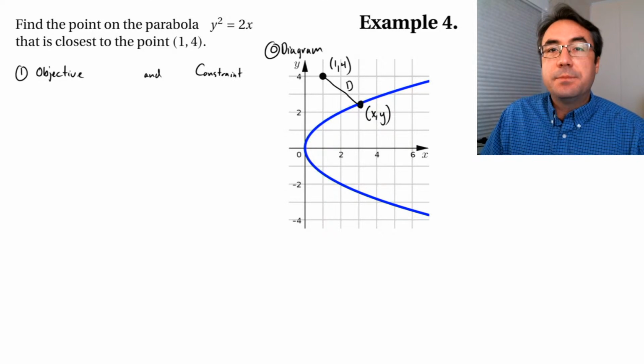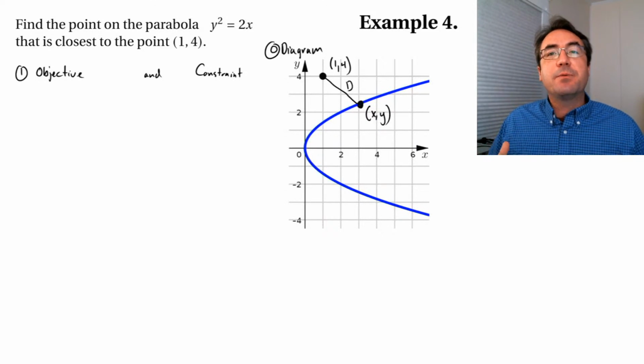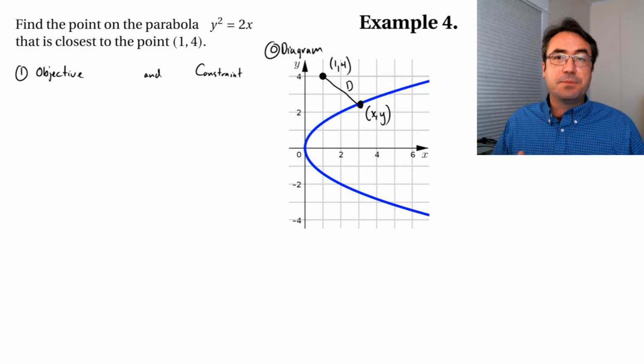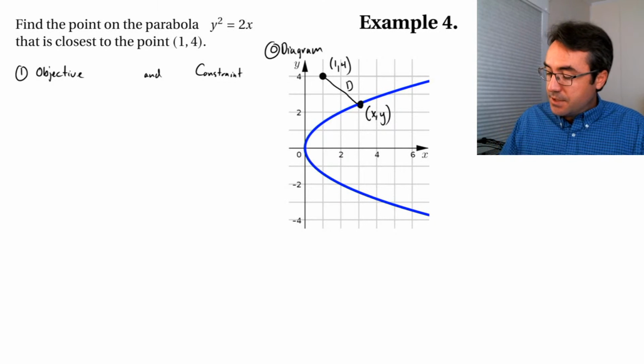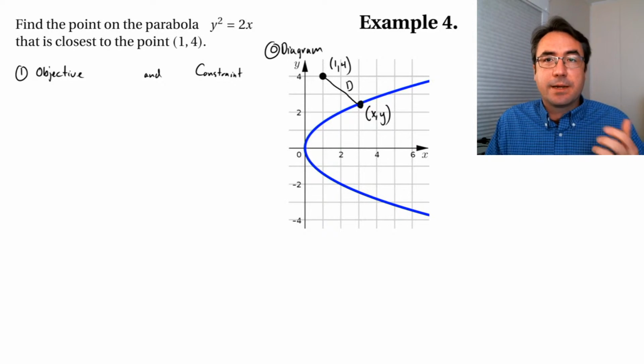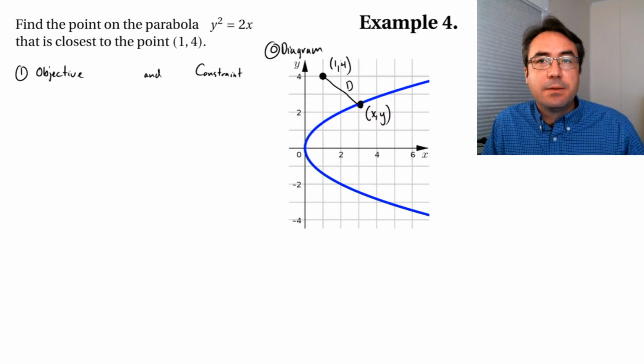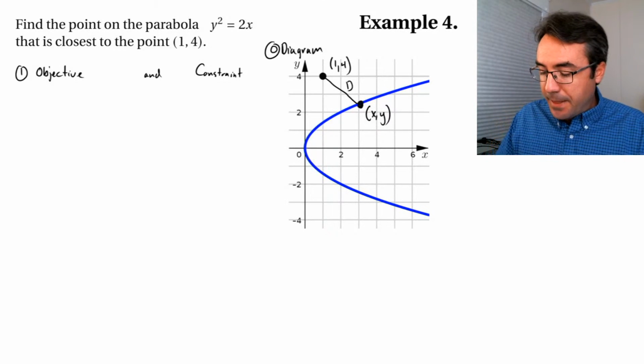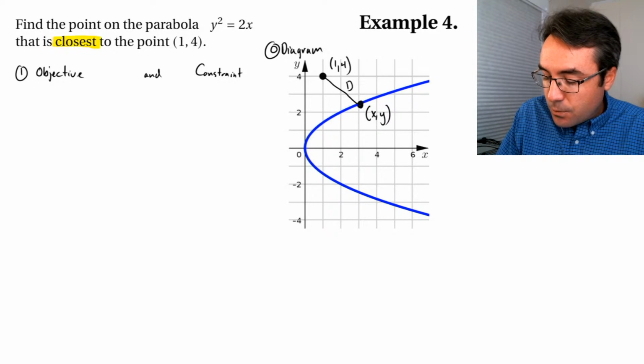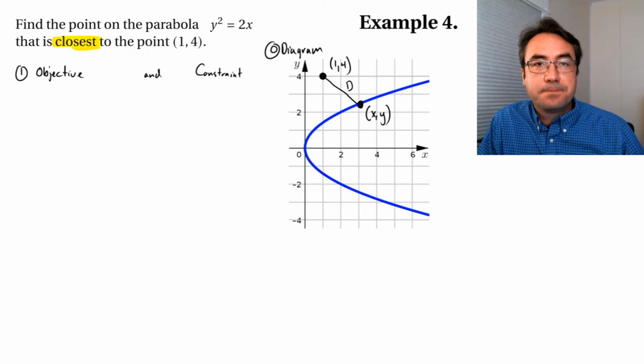And so the objective equation, this is the thing that we're trying to optimize. We want to find the largest or the smallest. And so in this case, we're looking for wording that's indicating some sort of maximal or minimal quantity. And what we're seeing here is the word closest.